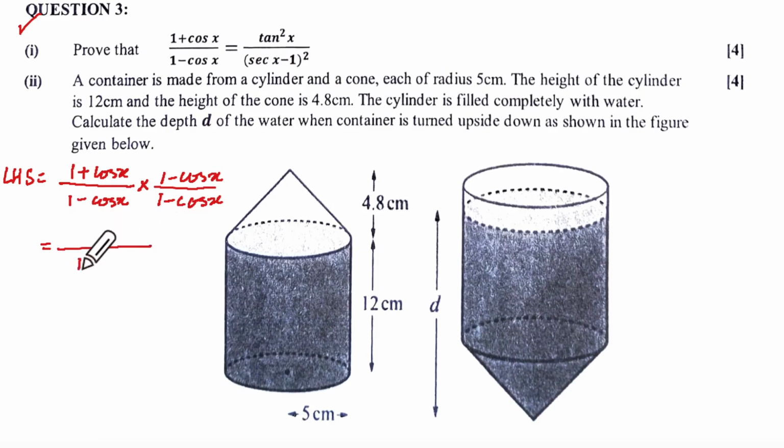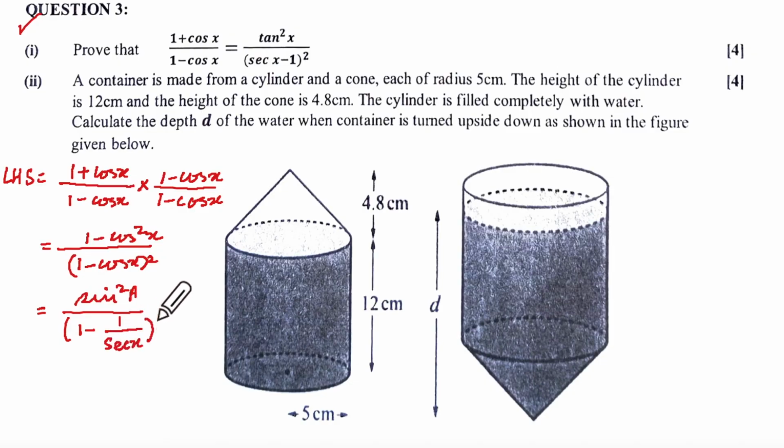Now in the denominator, I'll get 1 minus cos x whole square, and I will get 1 minus cos square x, and that will give us 1 minus cos square x, which is equal to sin square x, and here I will write 1 minus, I don't want cos, I want sec x, so I will write this as 1 upon sec x whole square.